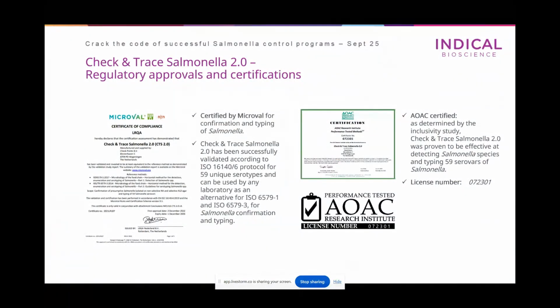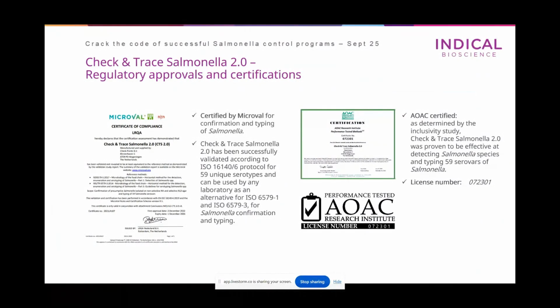Of course, we have accredited our platform. We are certified by Microval for the confirmation and typing of Salmonella, so that makes us the only alternative for the ISO 6579-1 and 6579-3 for Salmonella confirmation and typing.